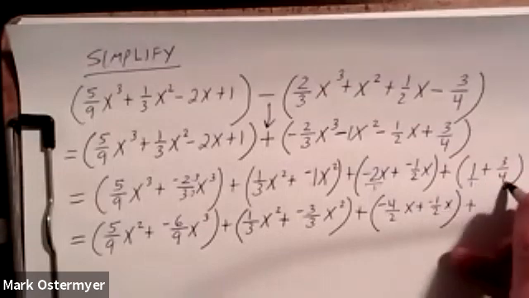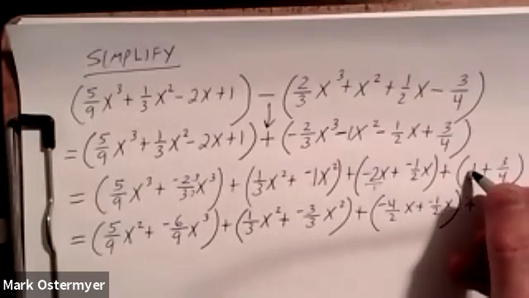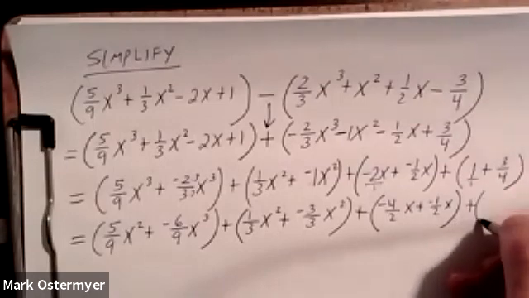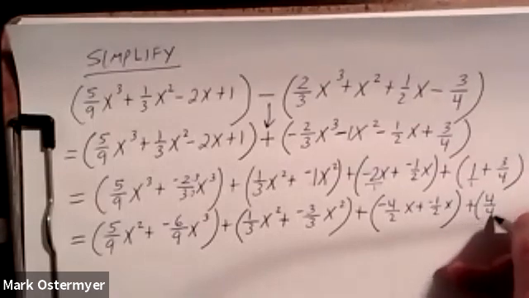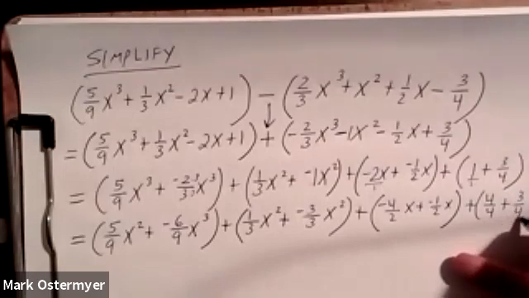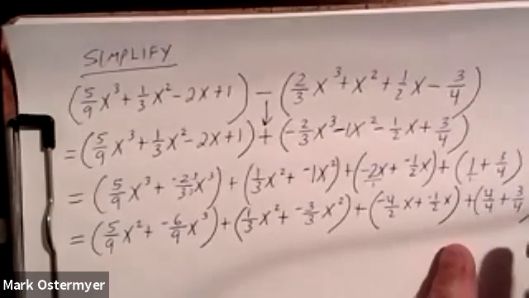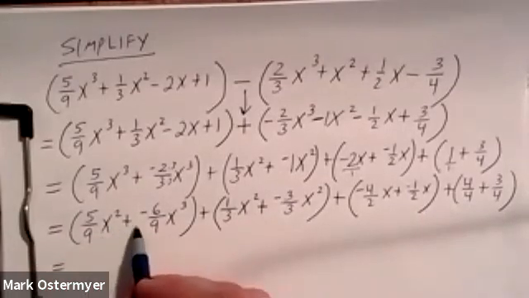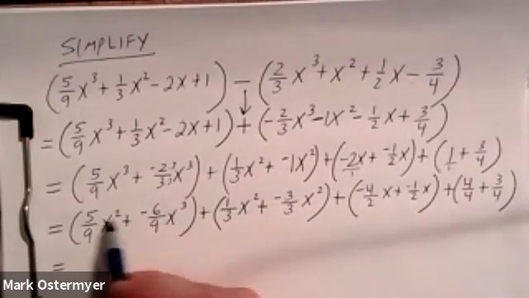Common denominator of 1 and 4 is 4. Multiplying top and bottom of 1 by 4, another name for 1 is to say 4/4. All right. Now what's 5/9 x cubed plus a negative 6/9 x cubed? What's 5 plus a negative 6?